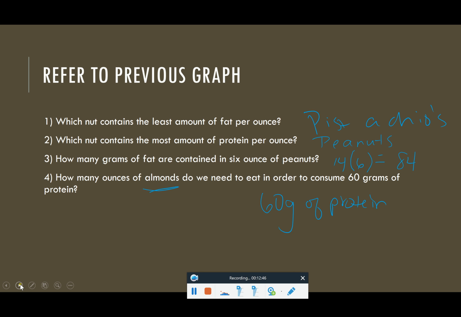So we need to figure out how many ounces we need to eat. We've got 60 grams and we know one ounce of almonds is about 6 grams. So here's your equation. How do you solve for x? We divide by 6. So it's going to be about 10 ounces of almonds.